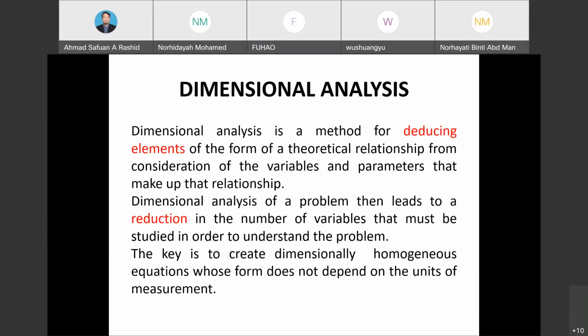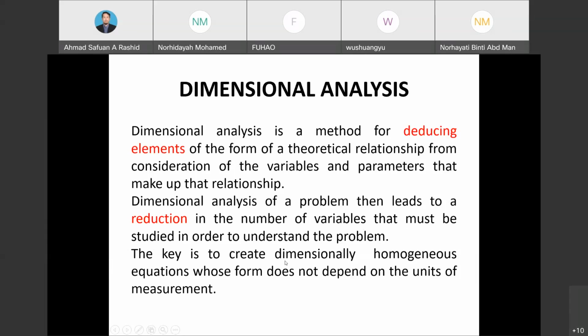The idea of using dimensional analysis is to identify the important parameters or variables, so that we can focus on the most important ones and reduce the number of parameters that we want to look at in our study. So it's called dimensional analysis. It is for reducing elements, which leads to a reduction in the number of variables that must be studied.